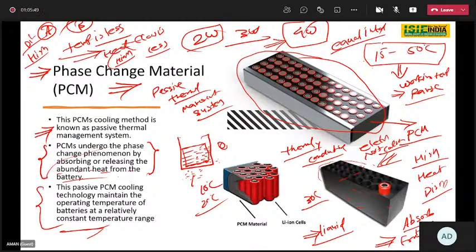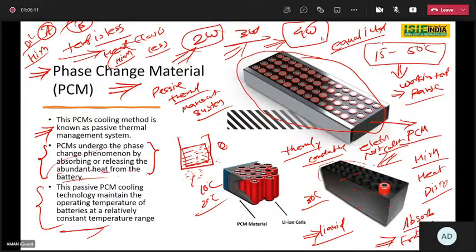That's why it is suitable for a small battery pack or a small operation, such as two-wheelers and three-wheelers, where it will give you the optimum solution. But for four-wheelers, I have a doubt that it might not be up to the mark, or might not give you the cooling effect that you desire.